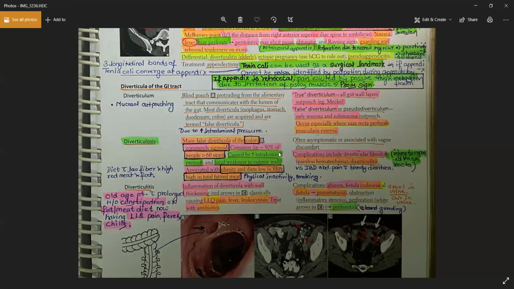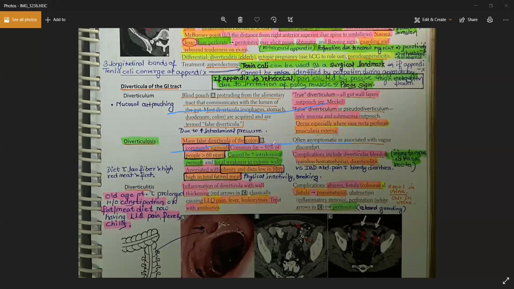Most of the time they're asymptomatic, okay? When they're absolutely normal, the patient will be asymptomatic. Sometimes complications like bleeding can occur, because these are the sites where the vasa recta perforates the muscularis externa, right? And this is the lumen, okay?